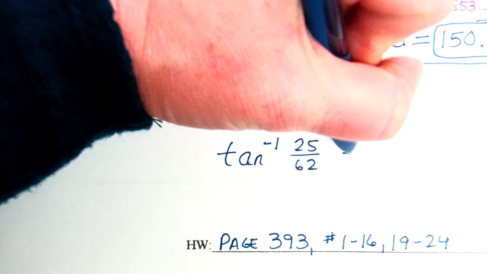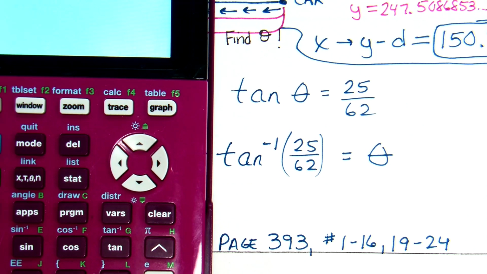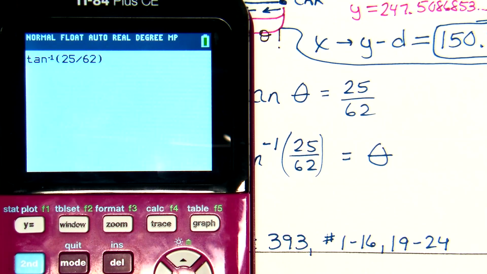And by the way, what setting should we be in here? Degrees. It's a triangle, yes? How are you going to give the angle of a triangle? Degrees, unless it states otherwise. And we get 21.96056402. Does that seem reasonable? Yeah.